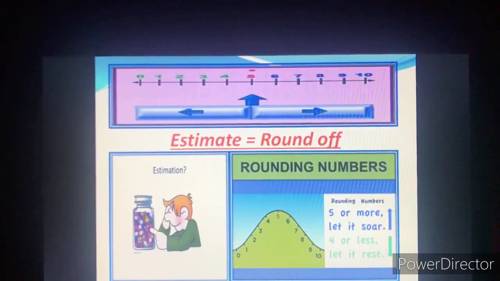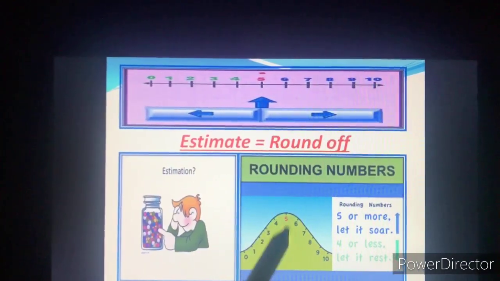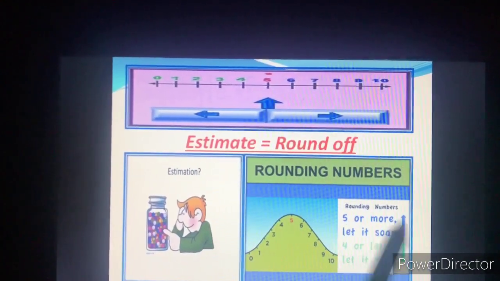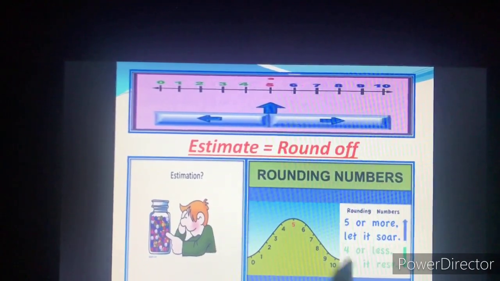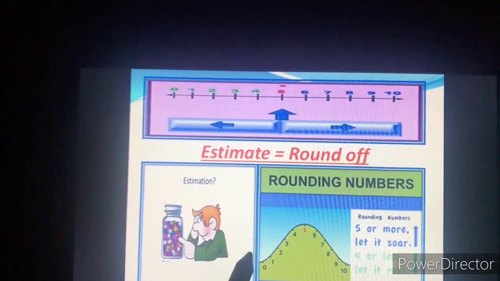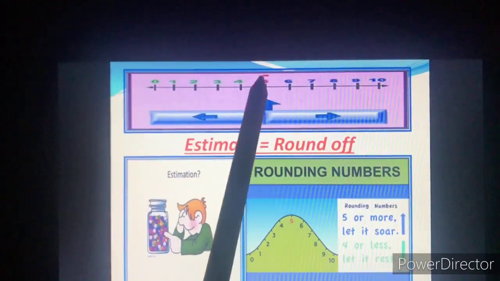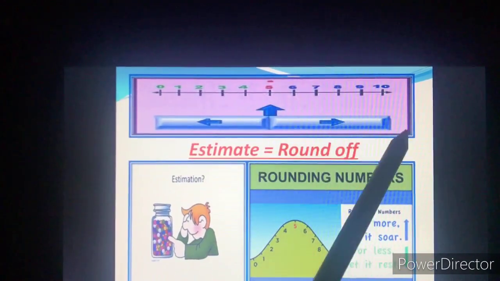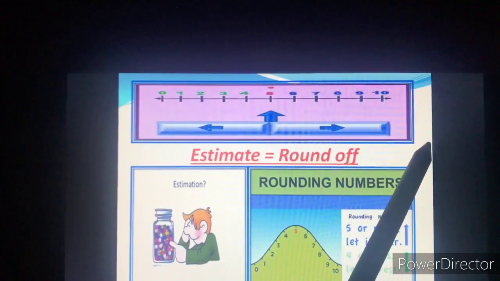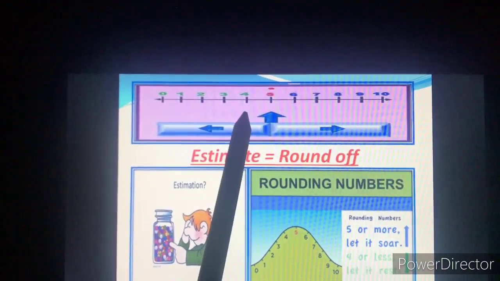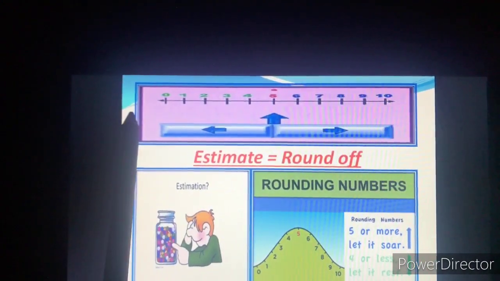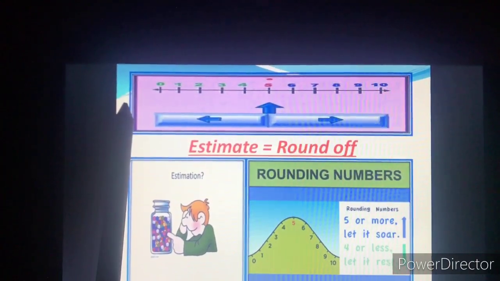And a quick recap of round off. Yes, 5 or more you will add, 4 or less you will not add. That's the round off. If it is on 5 or more, you will go to the next digit. If it is less than 5, then you will stay on the previous one.